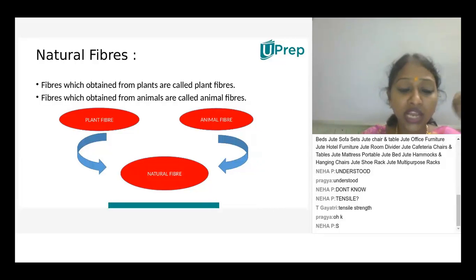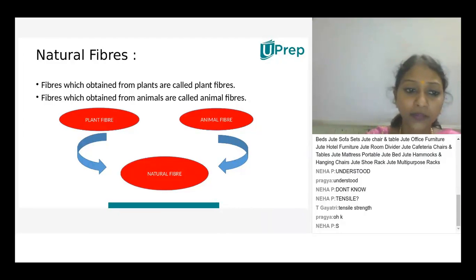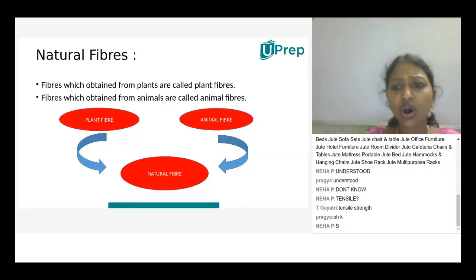Understood? Definitely he'll go with synthetic fiber. Synthetic fiber is more advanced than natural fiber, and economically it is cheaper. So which option will a common man go with, children? Ma'am, surely synthetic fibers.